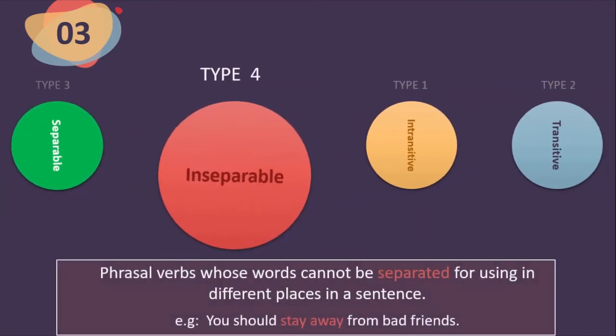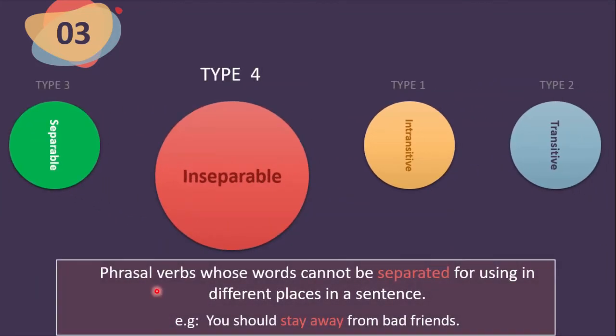The last one is inseparable. By the way, they call it inseparable or non-separable phrasal verb. Its verb and preposition or adverb cannot be separated. They remain together always. We can see from the example here that we can say you should stay away from bad friends.